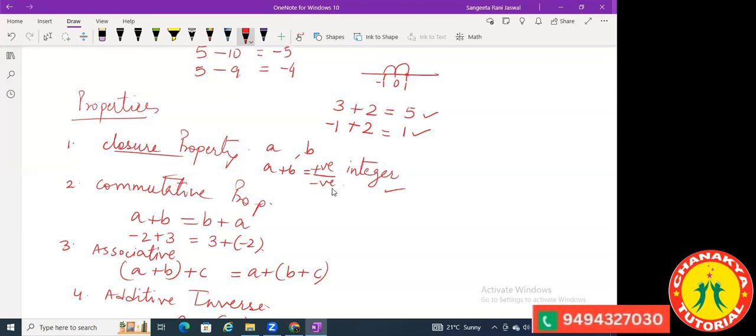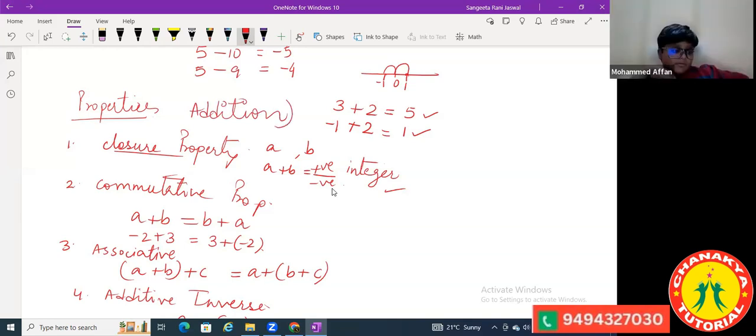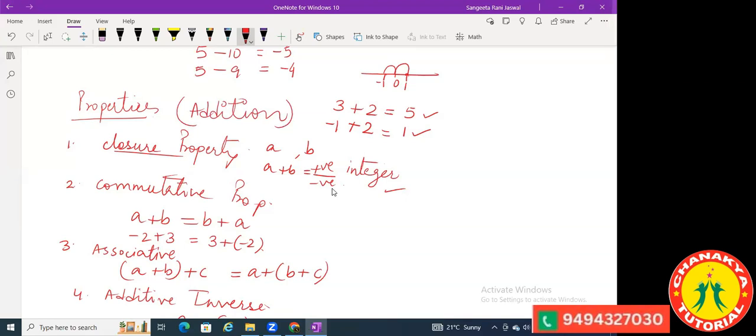We are talking about addition now, not division and subtraction. These are properties of addition of integers.